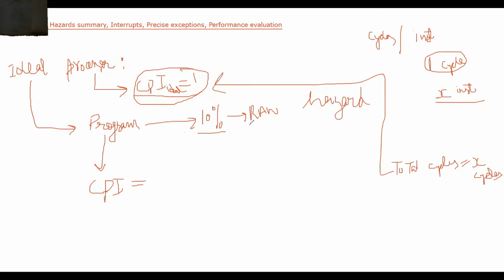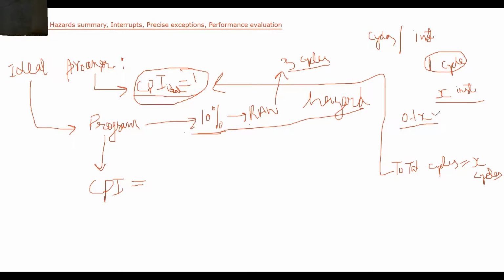Now 10% of instructions have RAW hazard. 10% of X will be 0.1X. For these instructions, we will require 3 extra cycles each.